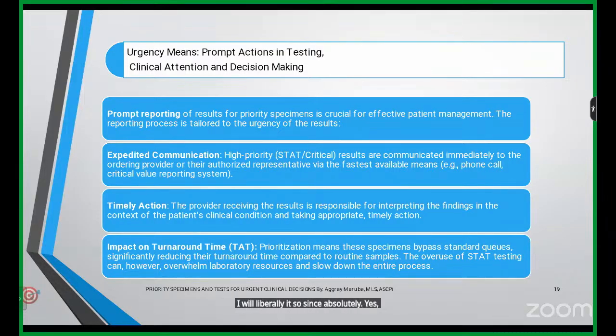Yes, let me emphasize this: don't misuse STAT testing or STAT sample triaging. They have to be used correctly. Otherwise, you might be using STAT in a wrong way, so that the real people who need prioritization are left out.